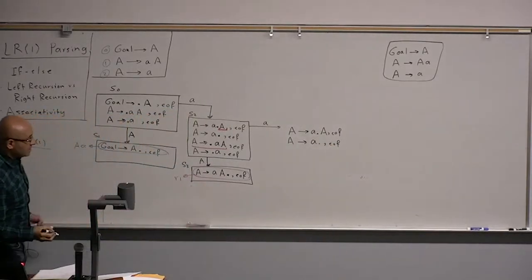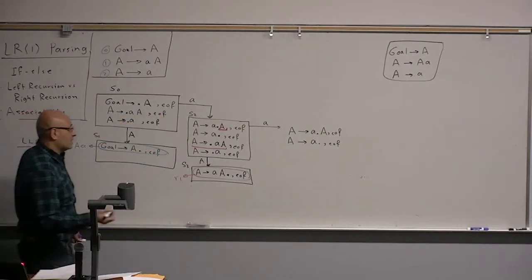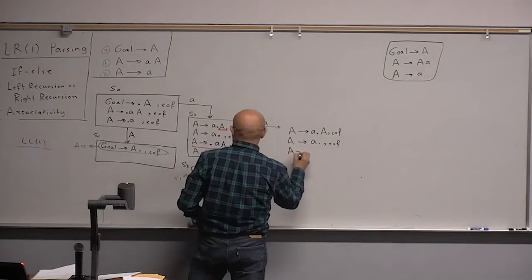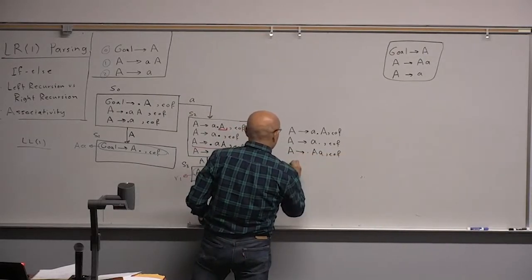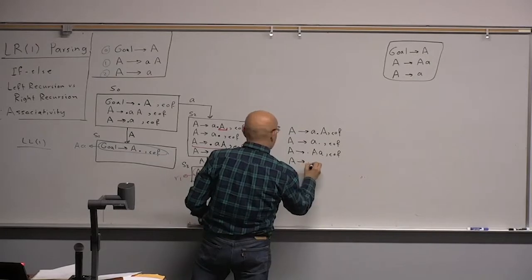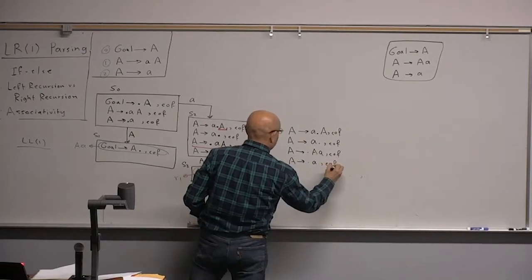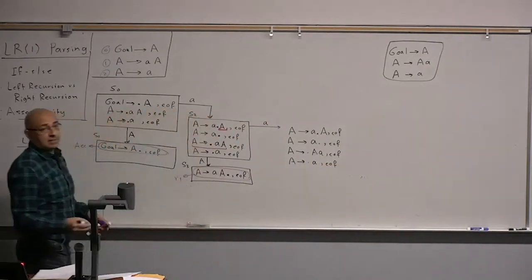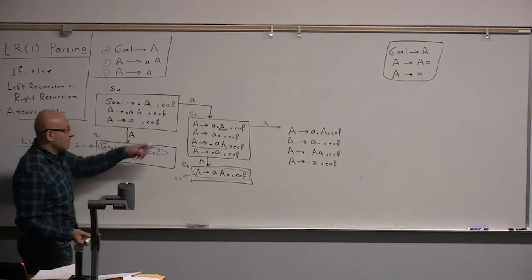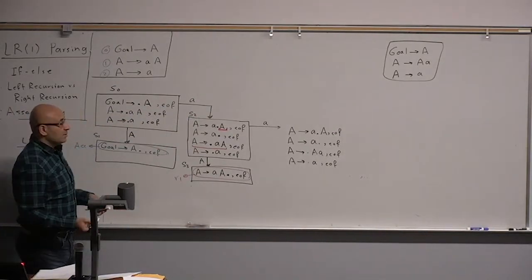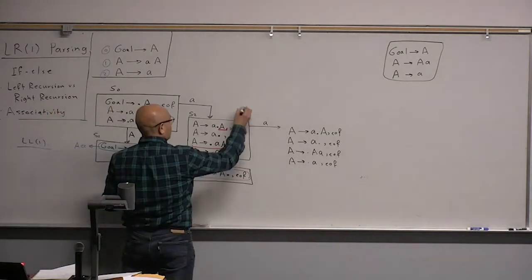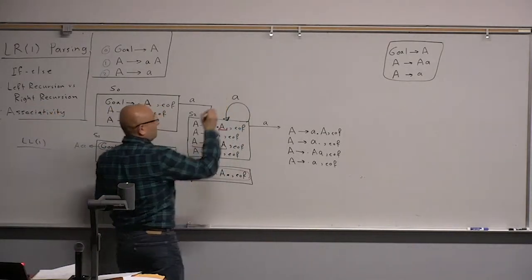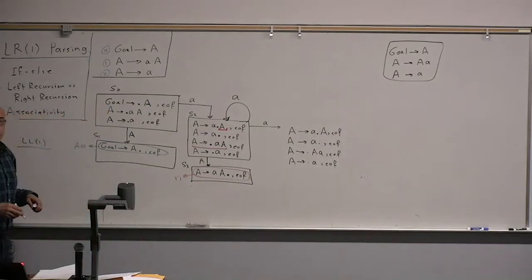Is there an expansion? Yes, so it's going to expand the same thing to A end of file, A dot A end of file. But this state is the same as state 2. So it's not a new state. So basically, we have a loop into the same state.